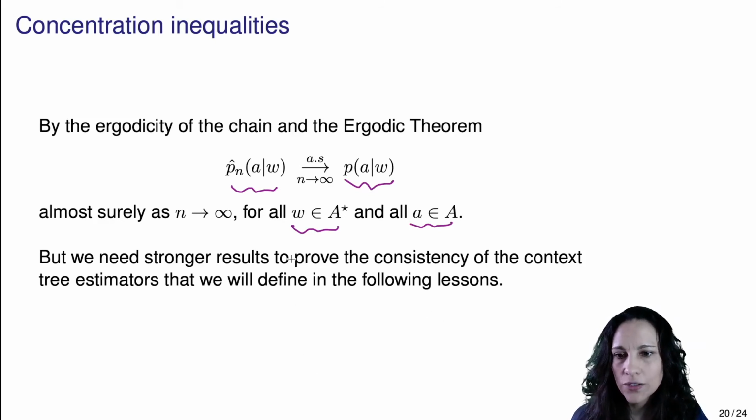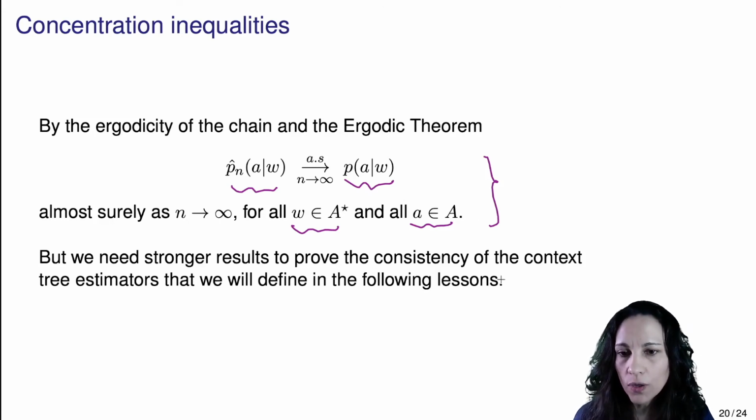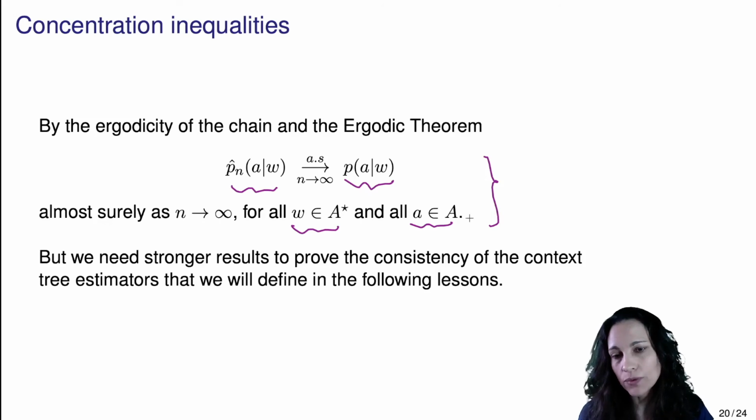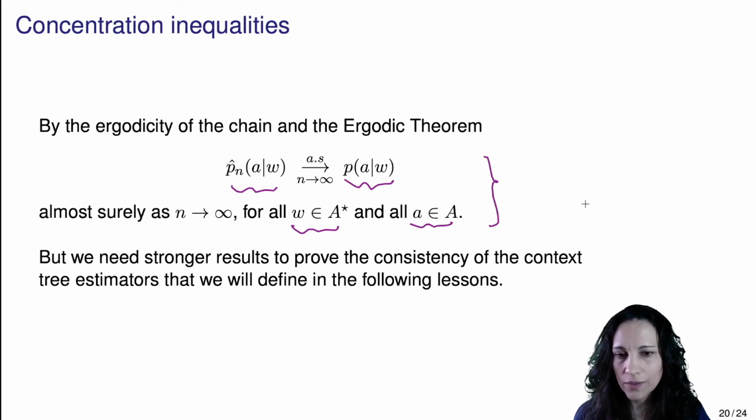But we need stronger results to prove the consistency of the context tree estimators that we will define in the following lessons. Why? Because this result is only valid for a finite number of sequences, but in general, when we want to estimate a context tree, we need concentration inequalities for an unbounded subset of sequences. So these are the results we are going to see in a moment.